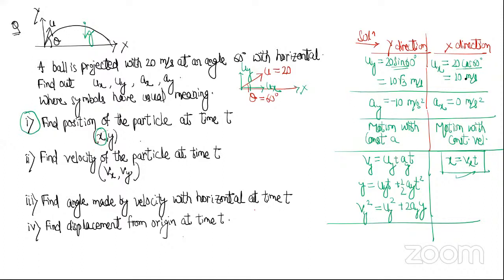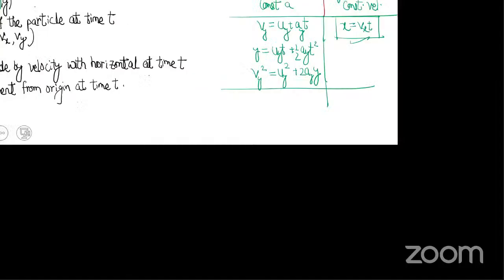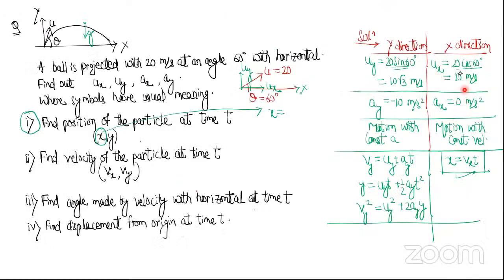How much is vx? It is 10. Vx is 10, isn't it? Ux and vx are the same because in x direction velocity does not change. So whatever is u, that is v, that is initial, that is final, that is velocity at any time in x direction. So it is 10 into t.